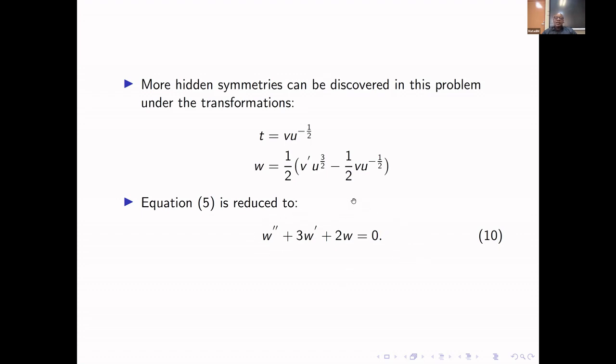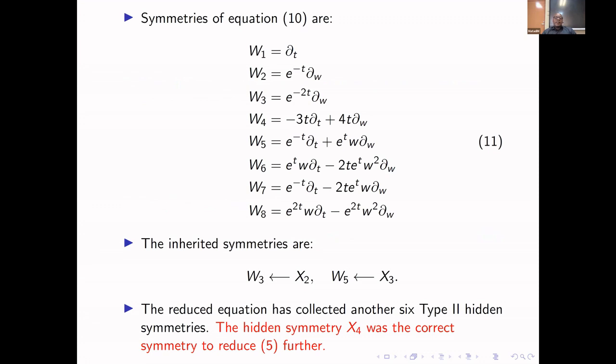Now we conduct the Lie symmetry analysis again on equation 10, and we found those 8 symmetries. Remember, for a second-order equation, we usually have 8 symmetries. From those symmetries, we realize that W3 and W5 are inherited from the previous analysis.